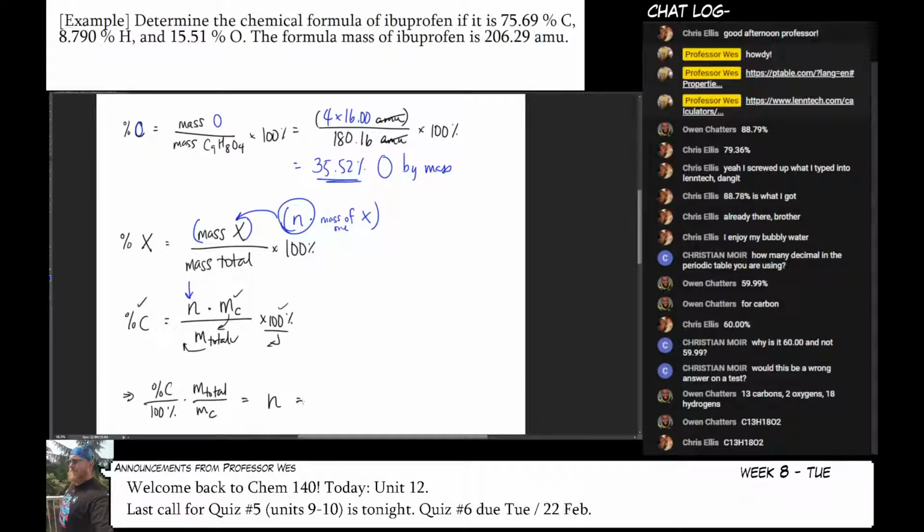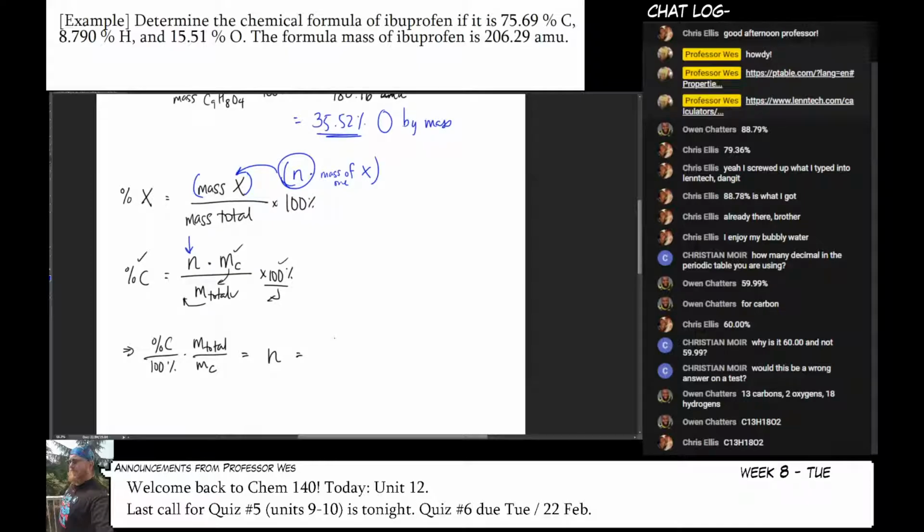That would be how many carbons there are in this sample. So let's fill all that in. I had 75.69% divided by 100%. My percentages cancel. Times the total mass of ibuprofen, which I gave you, divided by the mass of one carbon.